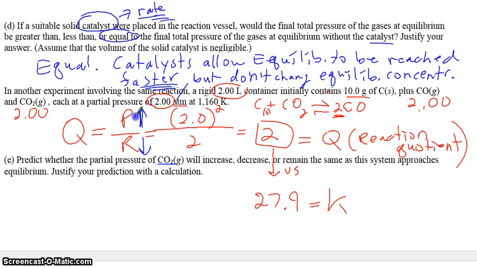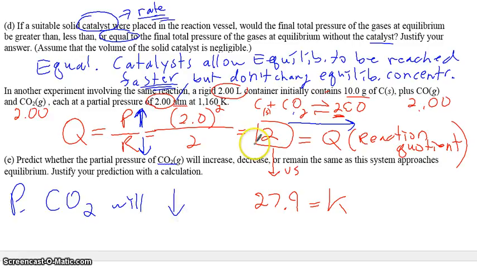So if the products increase, we're going to shift to the right, reducing how much CO2 will form. So the pressure of CO2 will decrease. And then we want to justify that with this calculation. You can say because Q must increase to become K.